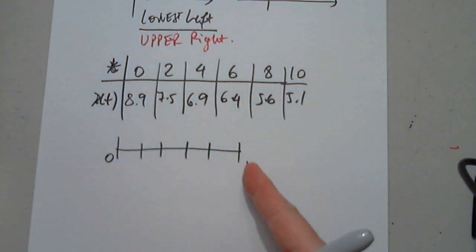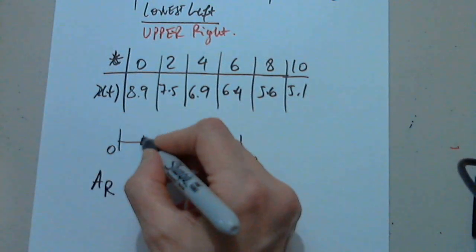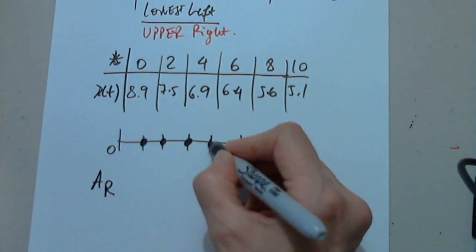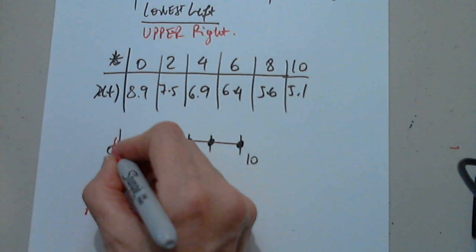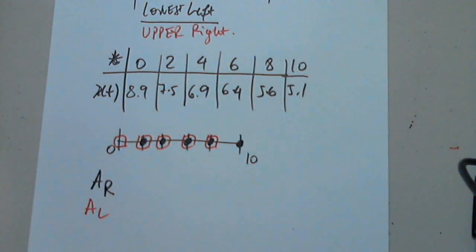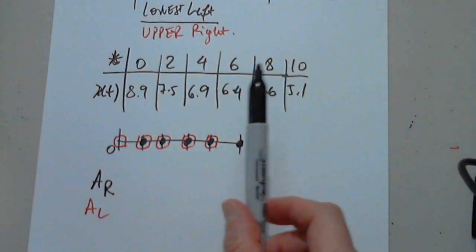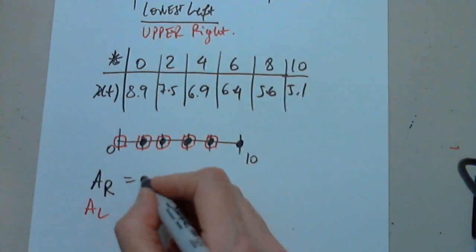1, 2, 3, 4, 5. So for the area with the right, I have these. The area with the left, I have these. So the subinterval, the base of the interval is 2.